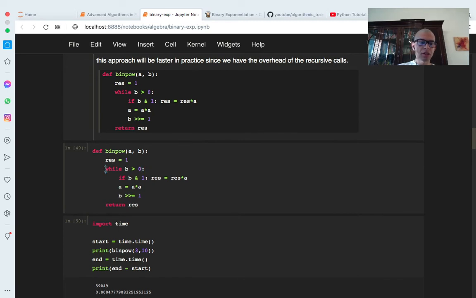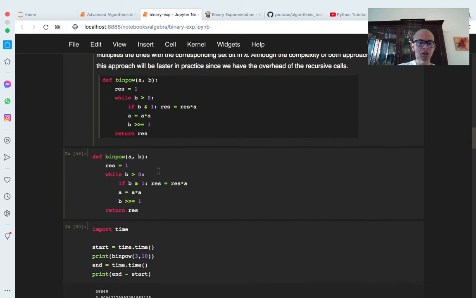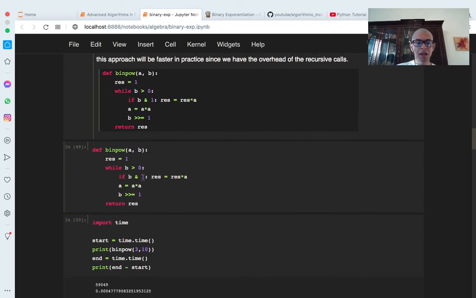We start the result as 1, the initial condition, and while b is greater than 0, if b and 1 evaluates to 1, we set the result equal to result times a.